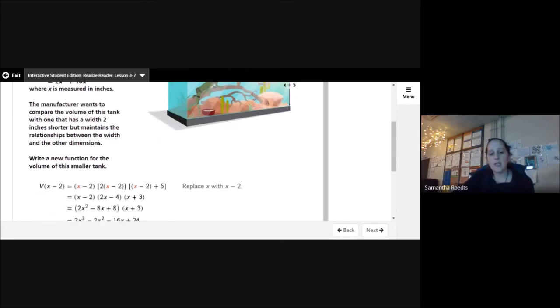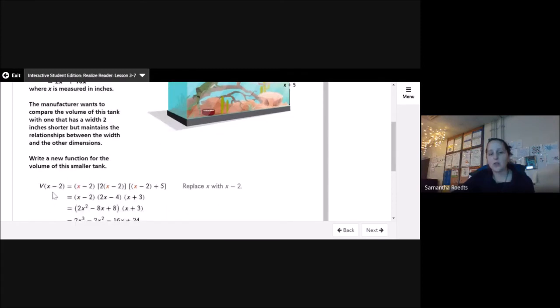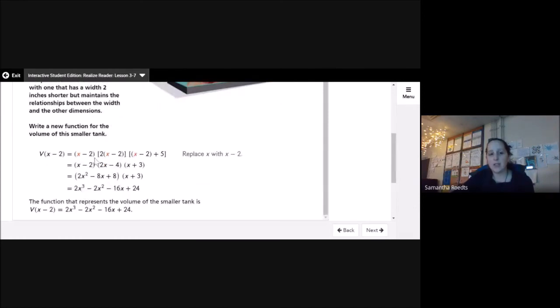Okay, so v, and I have the original x measured in inches minus 2 inches shorter. So I'm going to substitute that in. So I'm replacing x with x minus 2. So I get x minus 2 times 2 times x minus 2 plus 5. So when I work all that out, I distribute this 2 to everything inside.